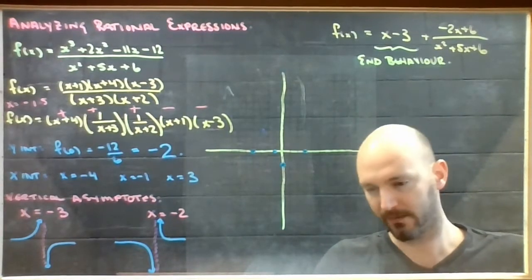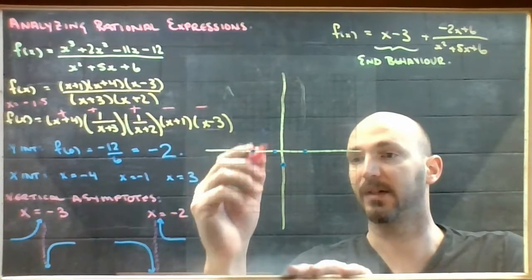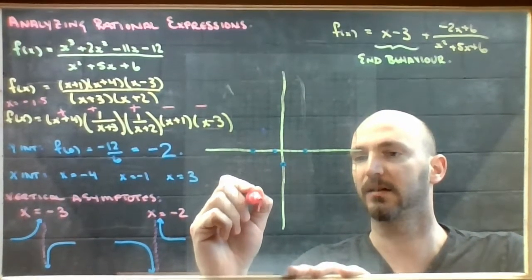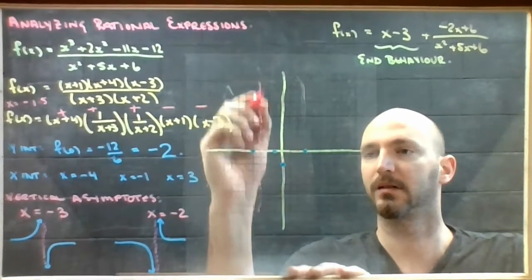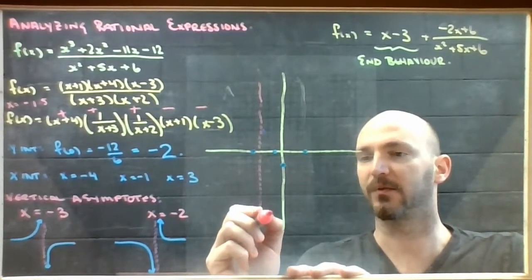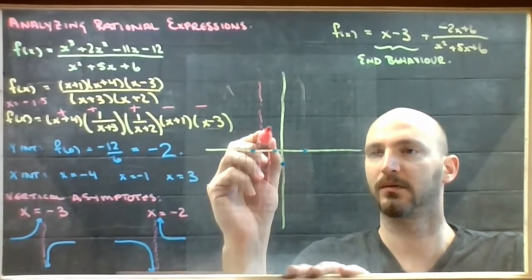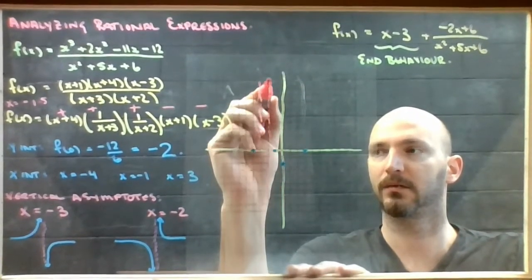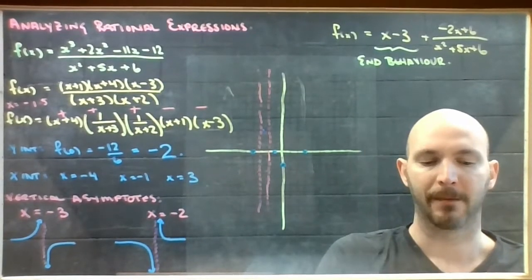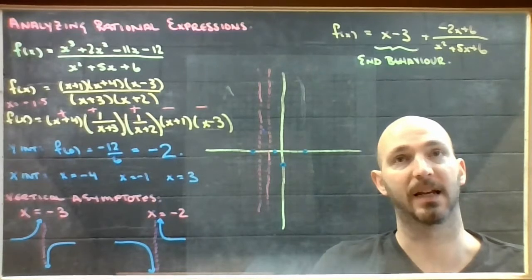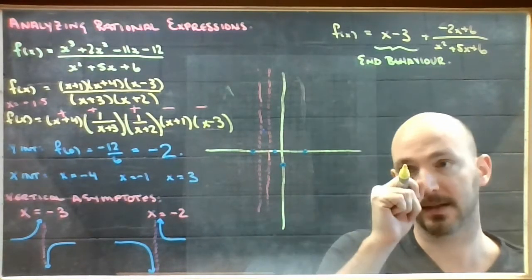I also have some vertical asymptotes. One is at -3. That's here. And I have one at -2. It's there. All right. And I have this end behavior then that looks like x minus 3.